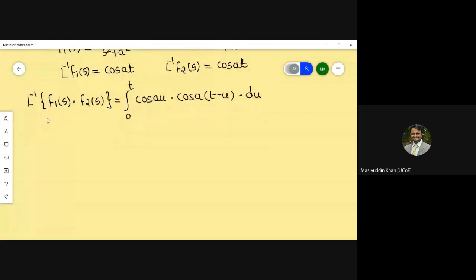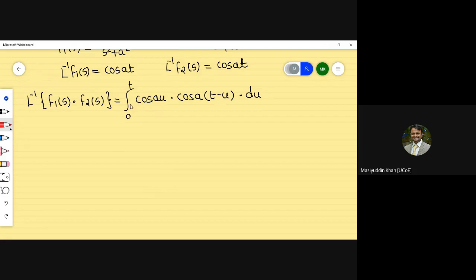Now we have to see clearly that there is cos of au into cos of a into t minus u. Both the functions are cosine functions, so we have to apply defactorization formula by default here.